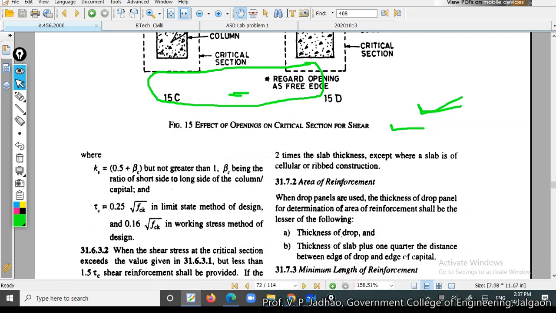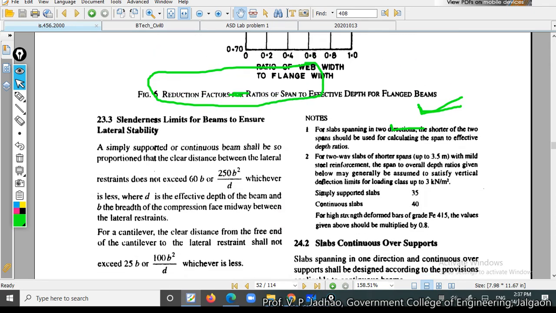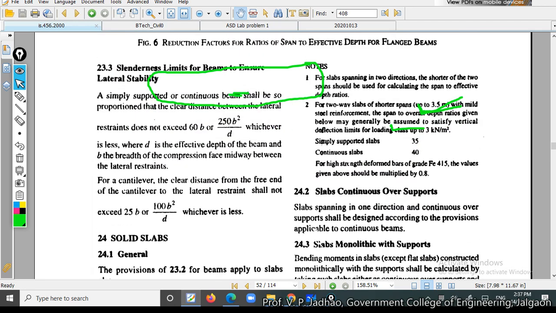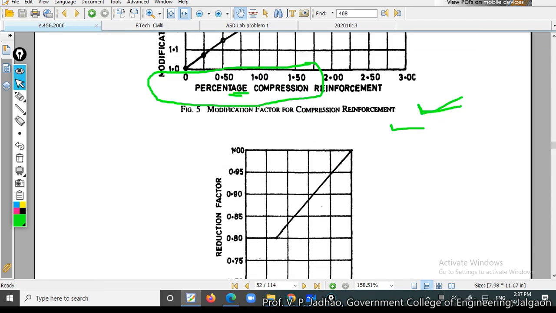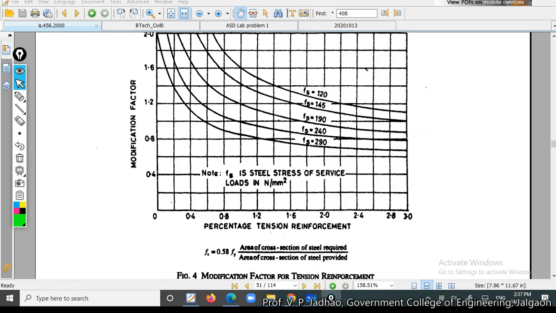On this page, the multiplication factors are given on the y-axis, and percentage tension reinforcement is given on the x-axis. We have considered 0.4% tension reinforcement.